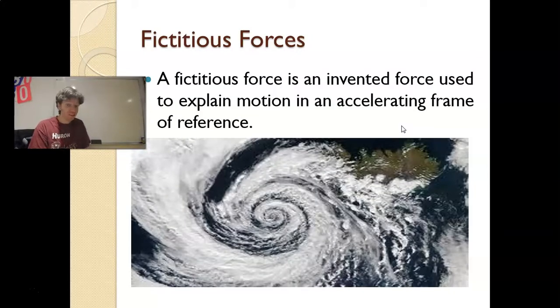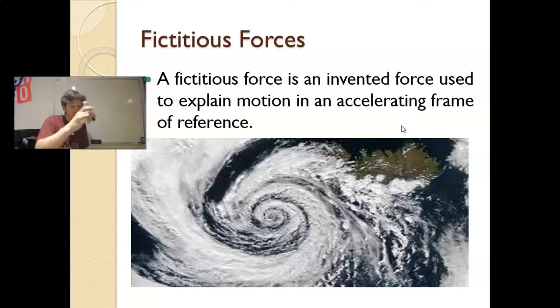And the Earth is rotating. And when you rotate, you're not moving at a constant velocity, even if your speed is the same. If you're moving in a circle with the same speed, your velocity is still changing. So remember, velocity is a vector, it has a direction, and notice the direction of, in this case, my pen is constantly changing, even though its speed stays the same.